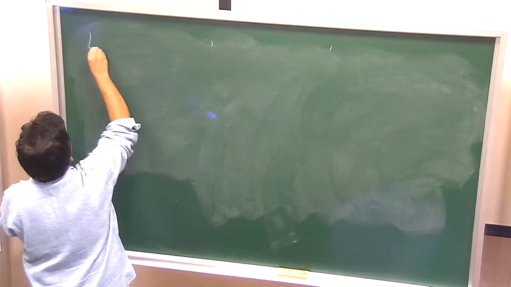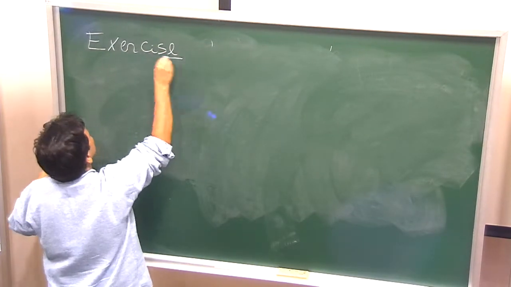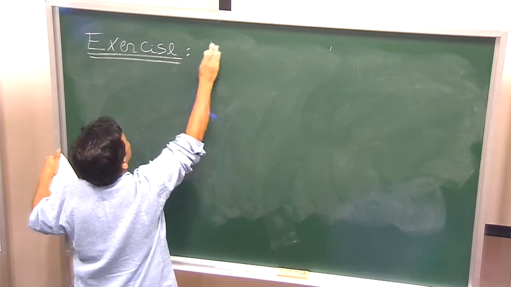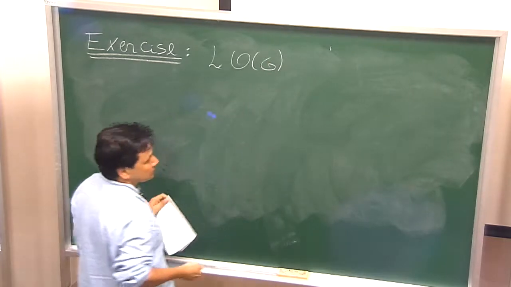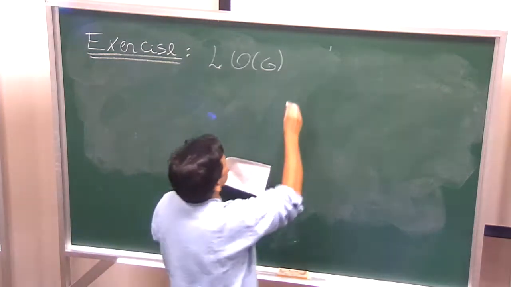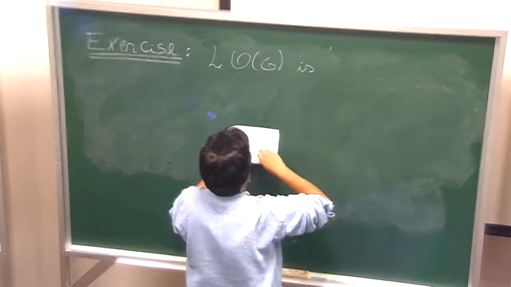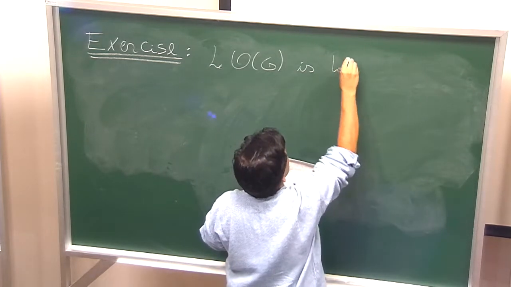Okay, exercise. The space of left orders of the group with this topology is what? It is totally disconnected.